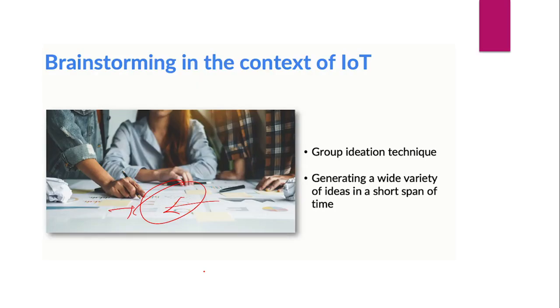Similarly, you can see in the image, they generate the thoughts, then put them in a storyboard, and after that they go for the group ideation techniques, generating a variety of ideas in a short span of time. It is just like a group discussion model for your understanding.